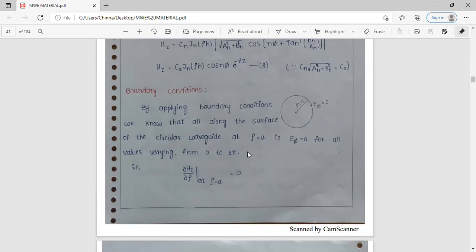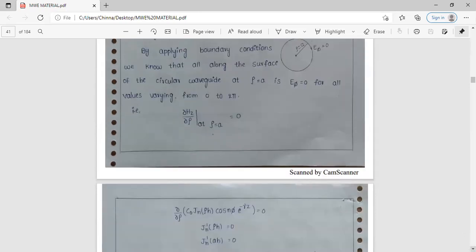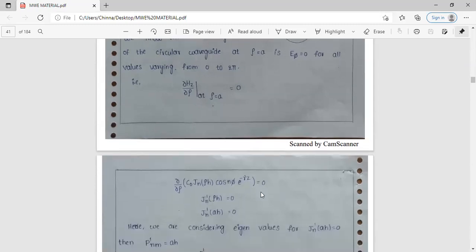Then we can write that expression: ∂/∂ρ of Hz at ρ is equal to a is equal to 0. So the first expression, taking the ρ representation and substituting the Hz value here, we can obtain ∂/∂ρ of C0 Jn(ρh) cos nφ e^(−γz) is equal to 0.